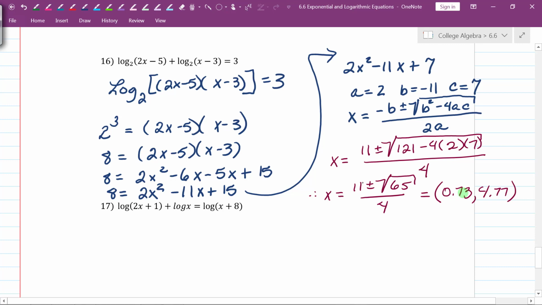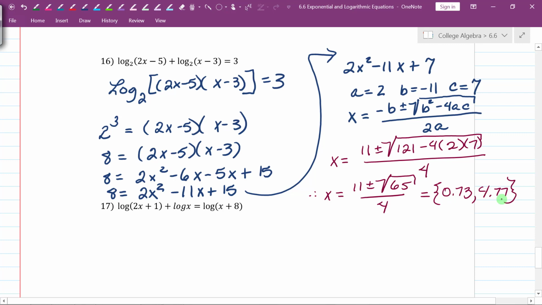If I take 11 plus the square root of 65 divided by 4, that's going to equal 4.77. Those are my two values that X can equal. And actually what I might do is go ahead and change this to brackets, because I think I would like that better. Okay, so X can equal either one of those two values.